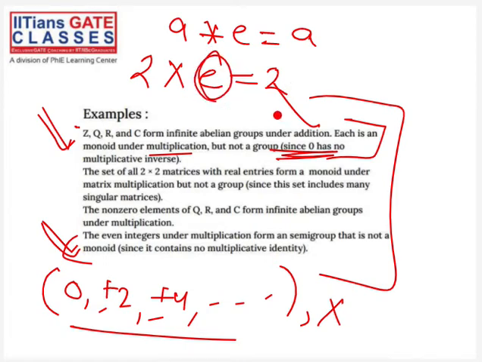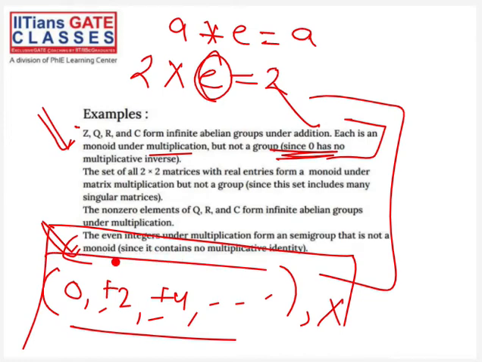So this e should be 1, but you can see that 1 is not here, right? So we can say that the identity element does not exist because 1 is not here, because 0 times any number is 0, so no identity element.